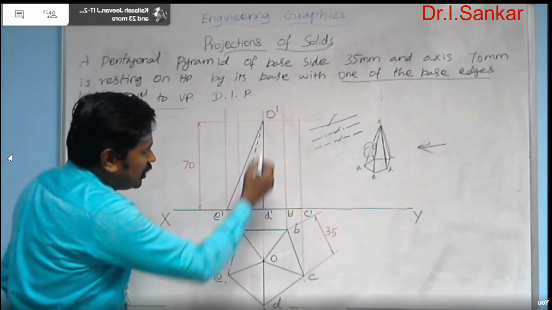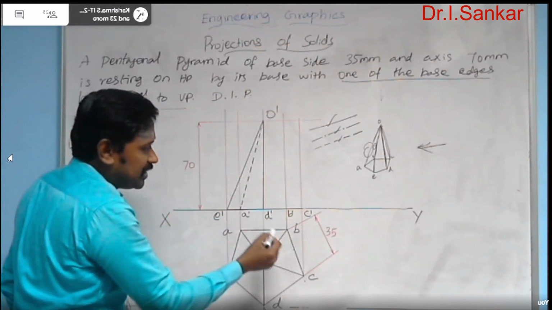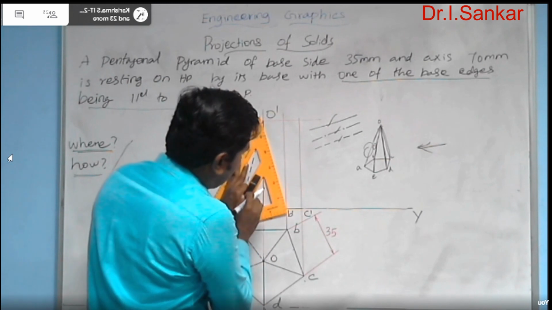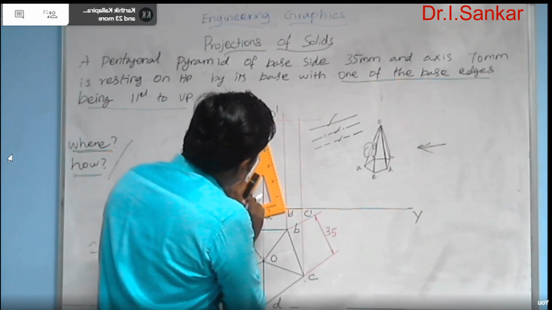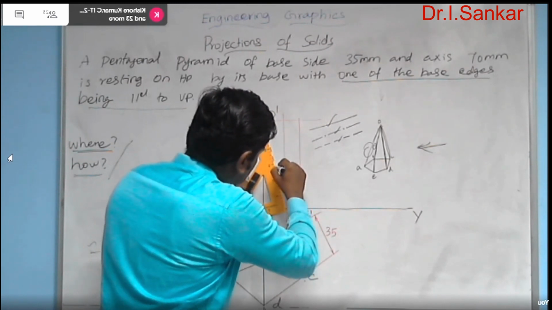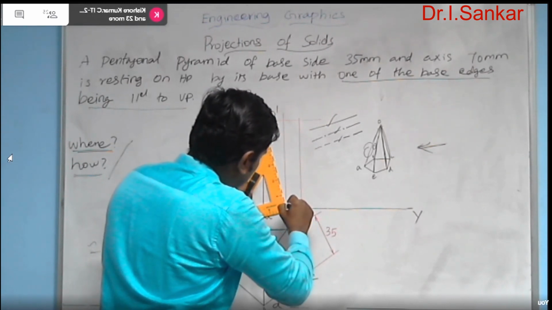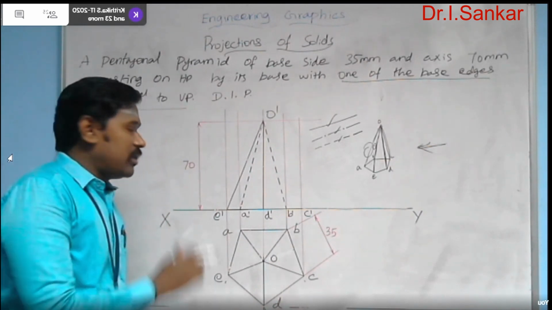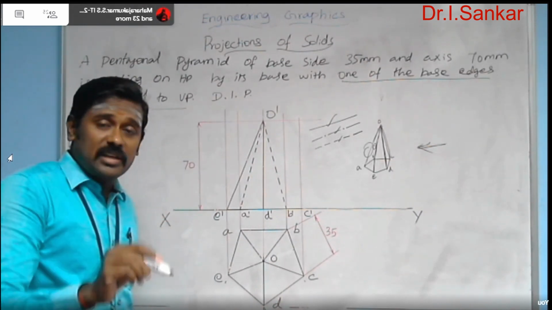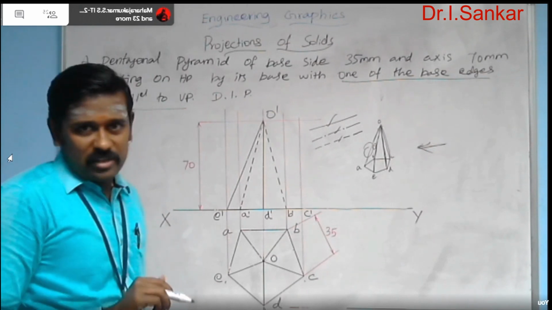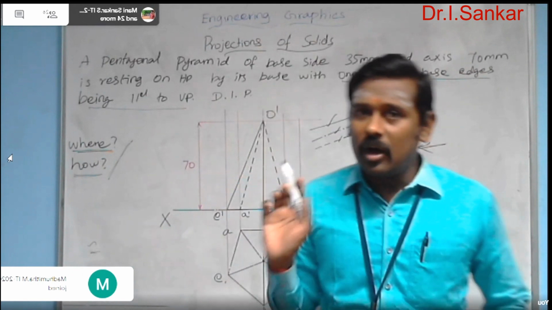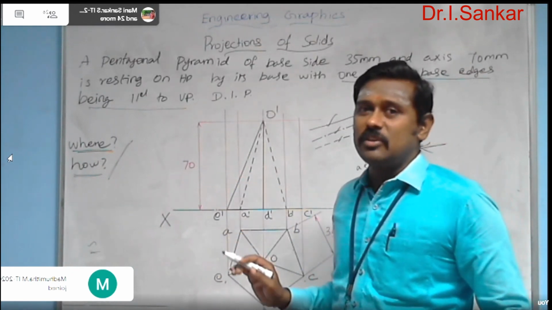And now you need to connect O'B'. It is actually invisible in this condition, so you need to draw O'B' with a dashed line format. Although it is an invisible edge, use an HB pencil, because an invisible edge is also a part of the object, so you should recognize it with the HB pencil.